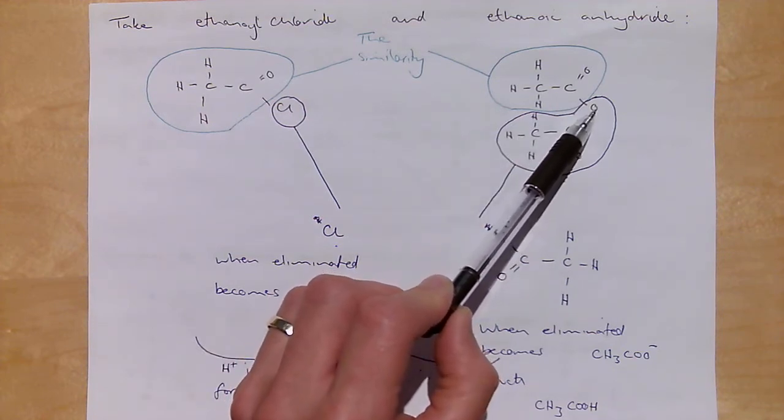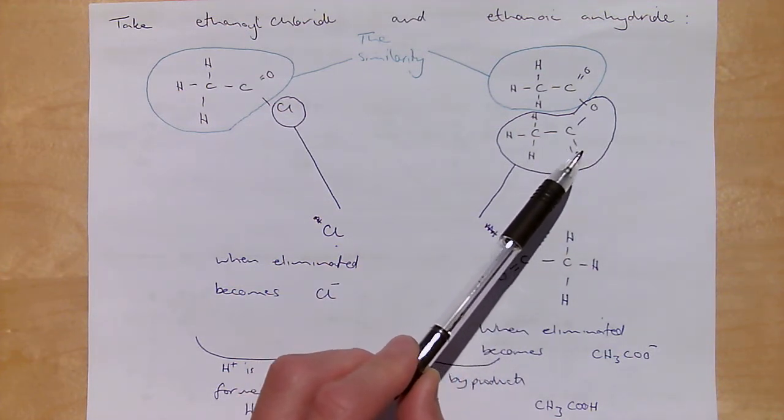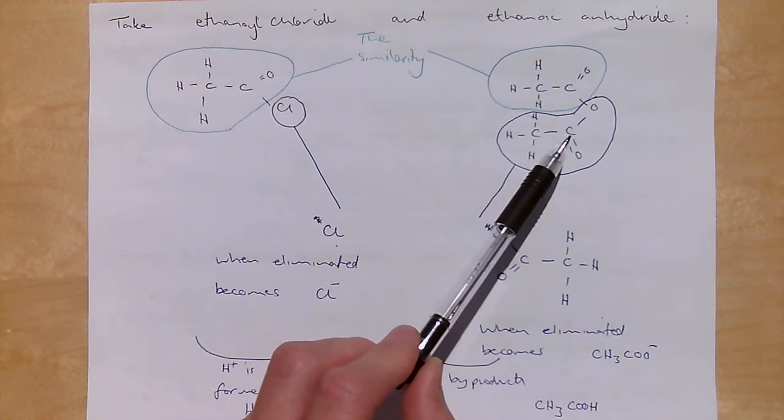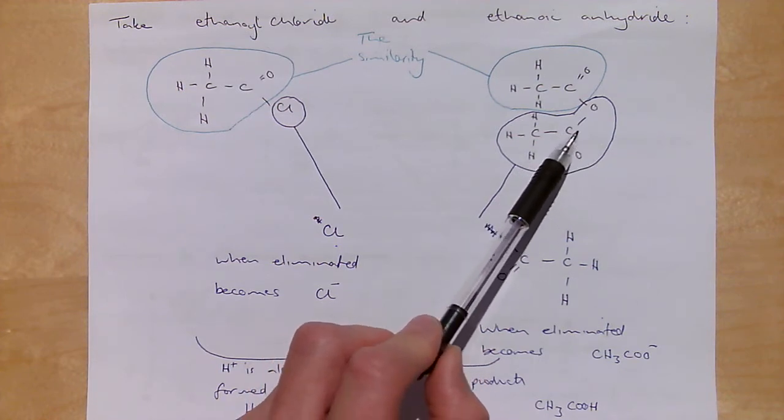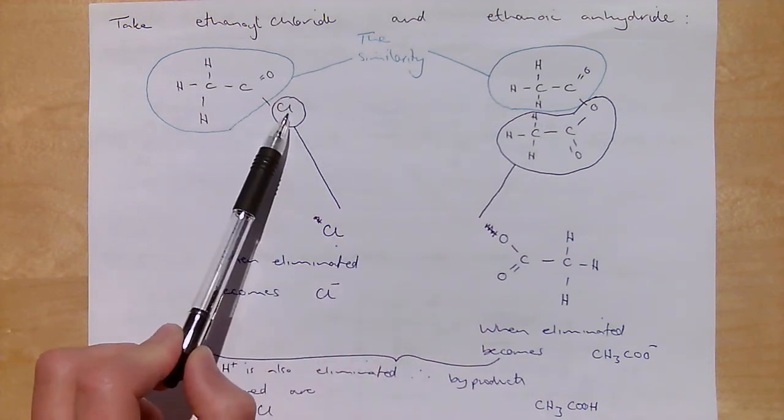Whenever you're looking at acid anhydrides, if you fully understand the reactions of acyl chlorides, in your mind you just look at this little bit here and think, that's just going to behave like the Cl behaved in the acyl chloride.